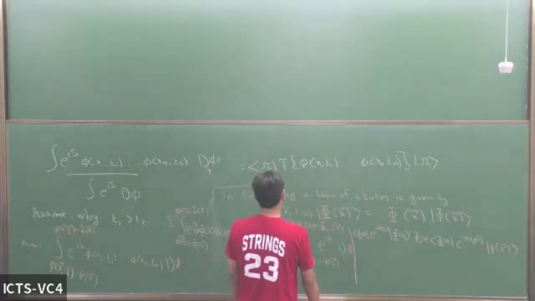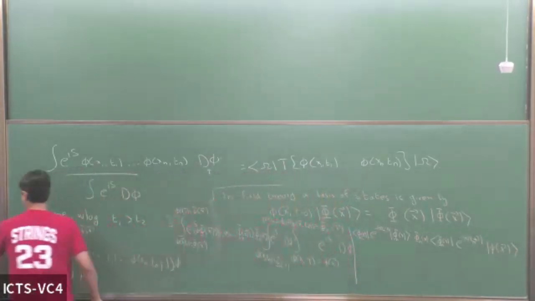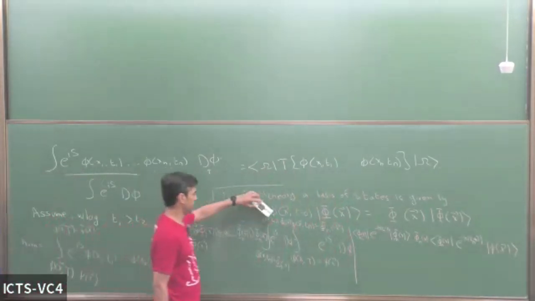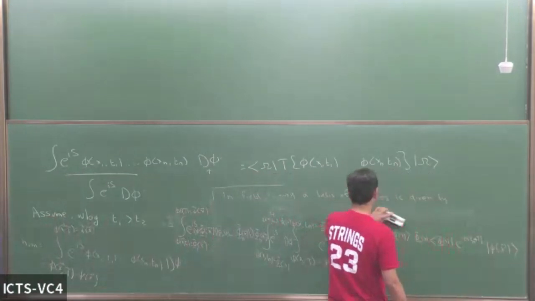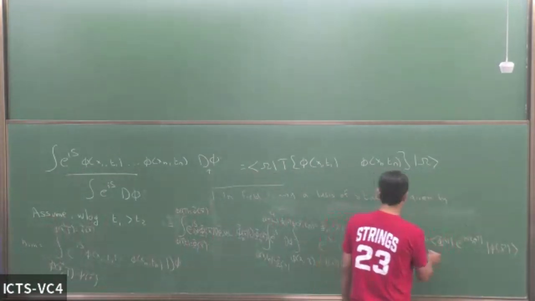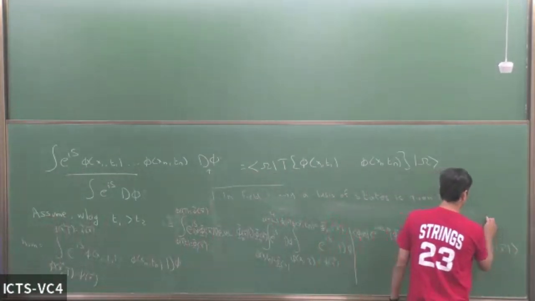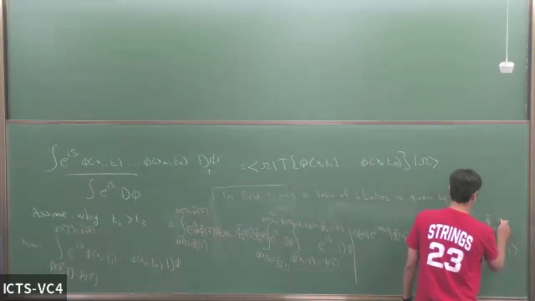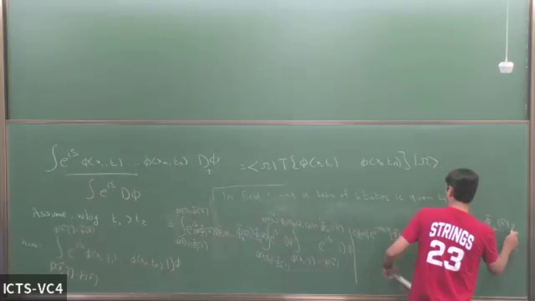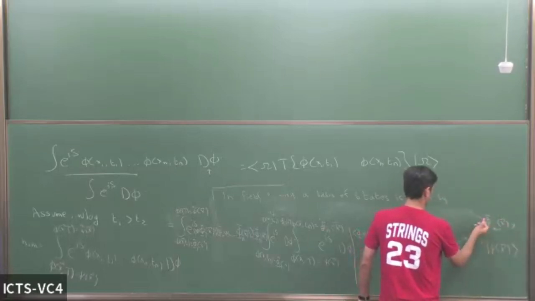Let me write on top. And I can keep going. Then I multiply this with the phi n minus 1 of x. This is multiplied, and I keep going.